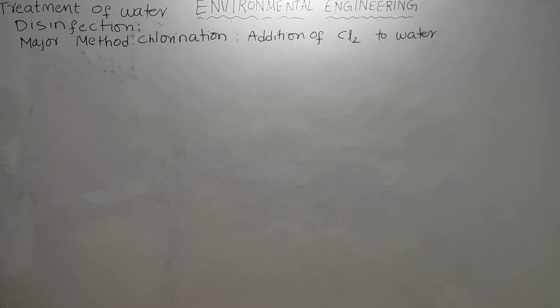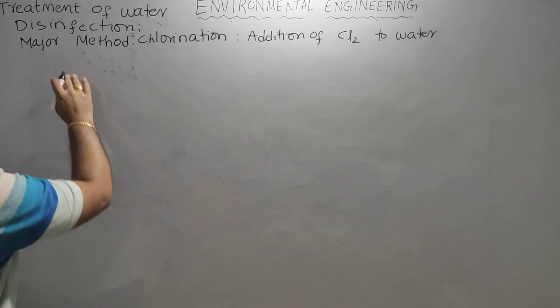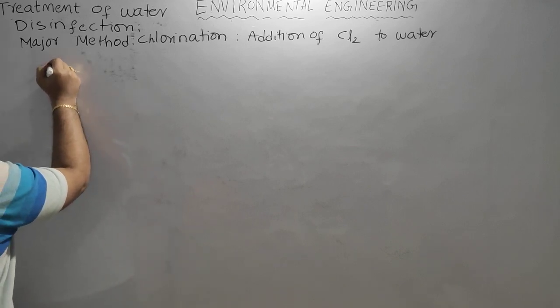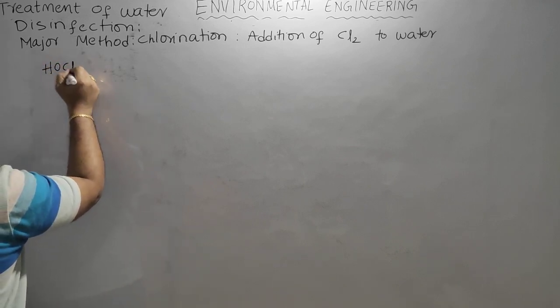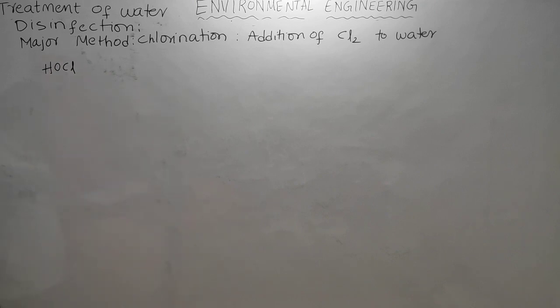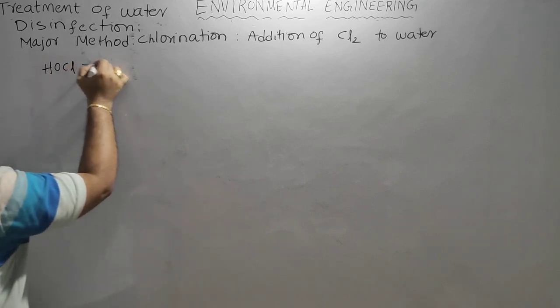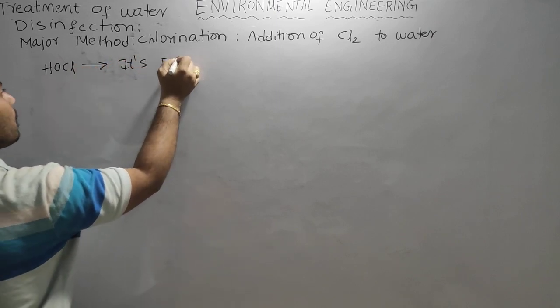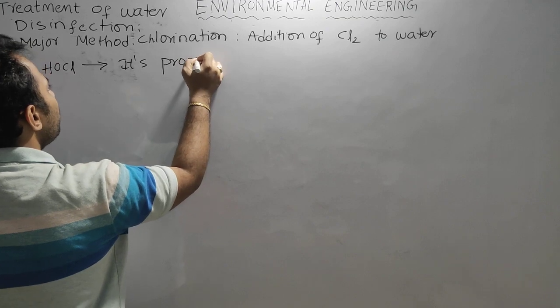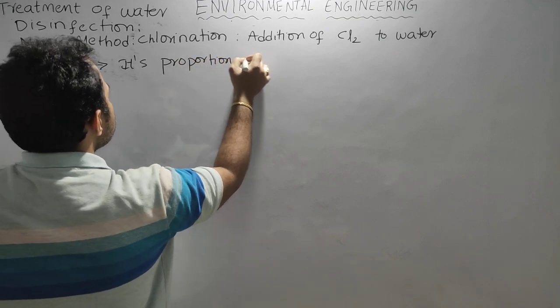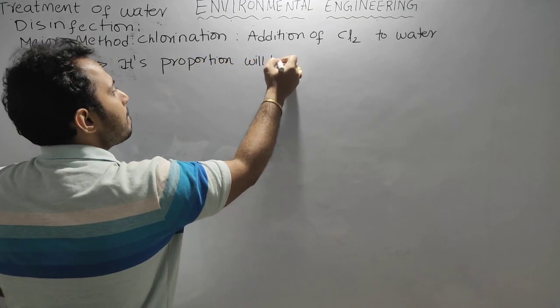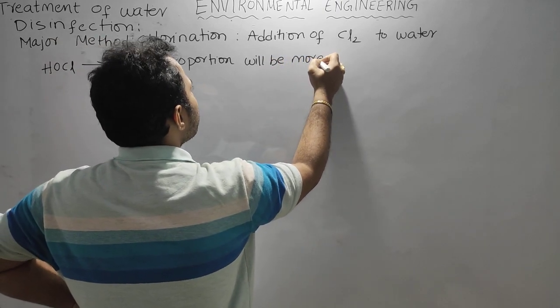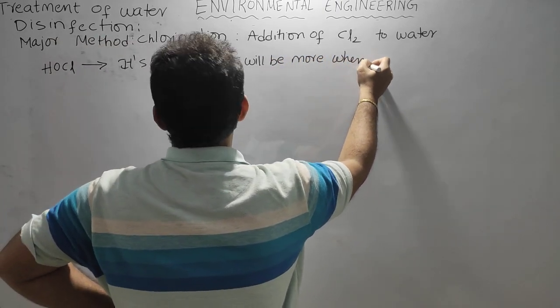See, generally HOCl, being an acid, hypochlorous acid, its proportion will be more when the water is acidic.